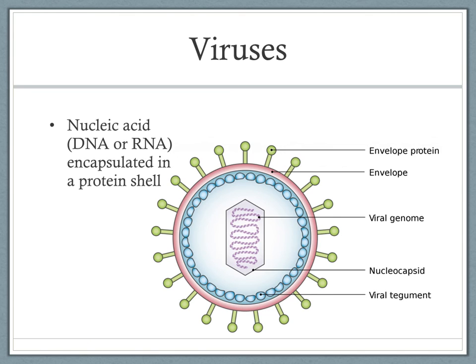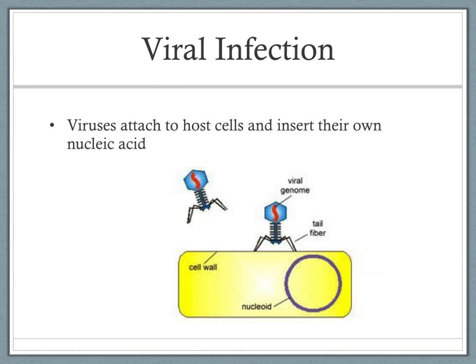What they are is little machines for reproducing themselves, and they do so by attaching to certain host cells. Viruses can only attack certain kinds of host cells. What they do then is insert their own genetic material and cause the host cell to reproduce. As the host cell reproduces, it fills with viral particles, the host cell bursts and spreads the infection.